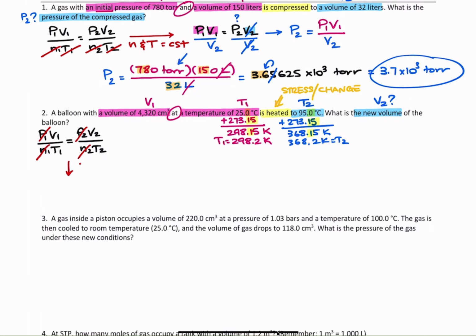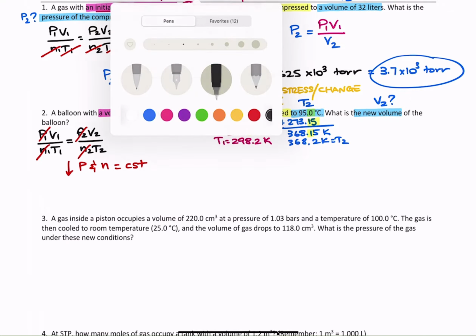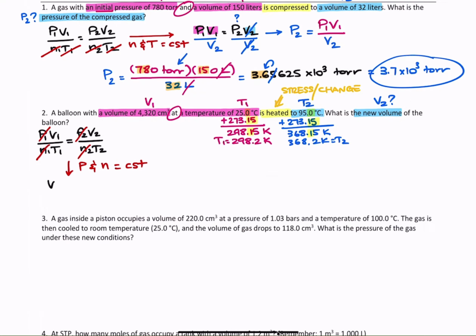Therefore, P and N are constant, and here is our new equation, V1 over T1 equals V2 over T2. We are given V1 and T1. We are given T2. We are looking for V2.